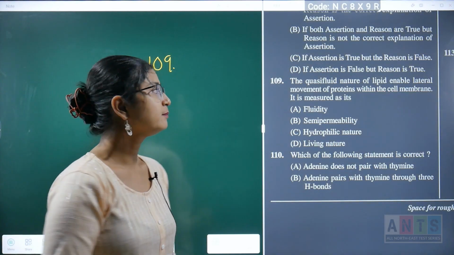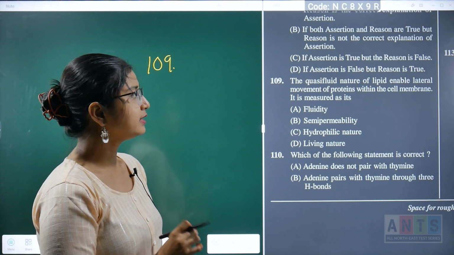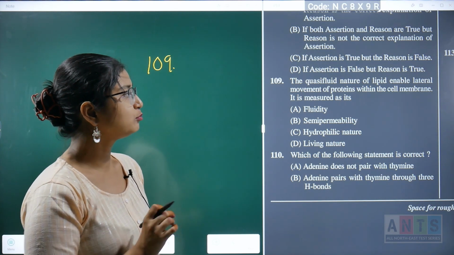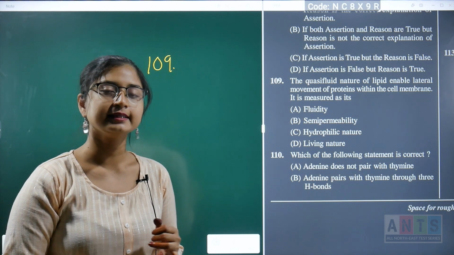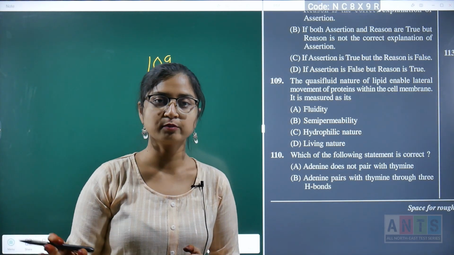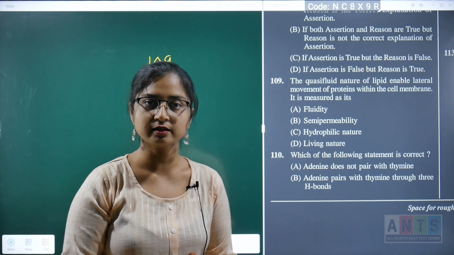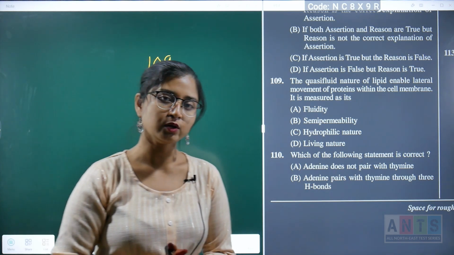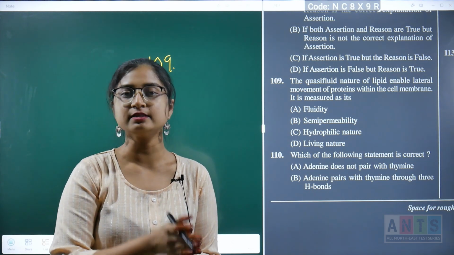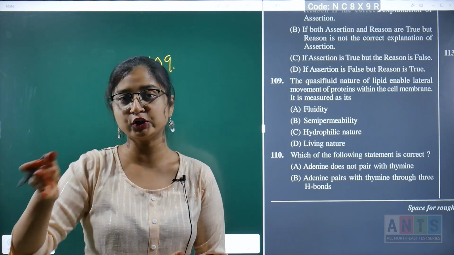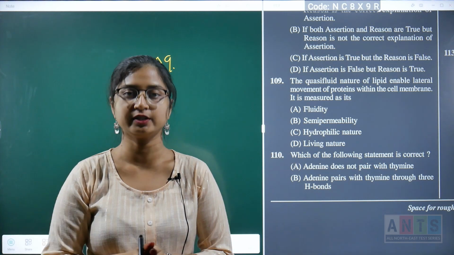Question number 109. The quasi-fluid nature of lipid enables lateral movement of proteins within the cell membrane. This particular statement is coming from the fluid mosaic model proposed by Singer and Nicolson. According to that model, what we know is that in the plasma membrane, lipids and proteins are able to show a lateral movement. They move sidewise.